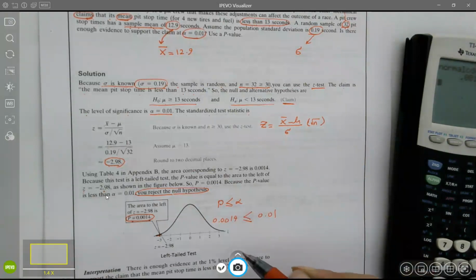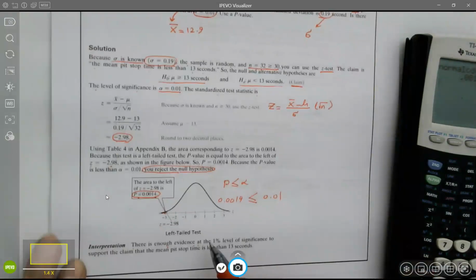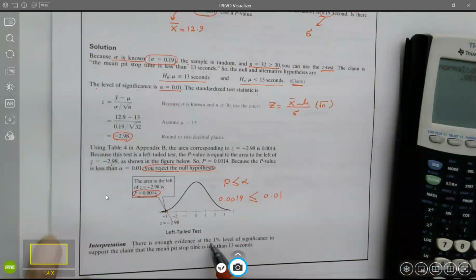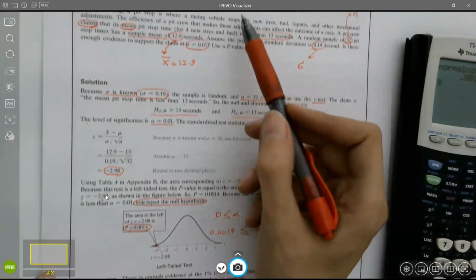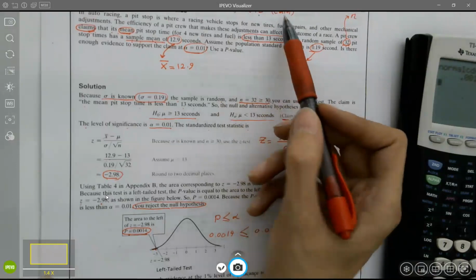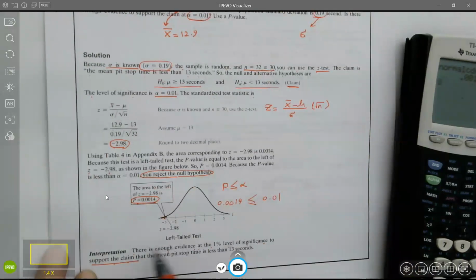It means that there is enough evidence at 1% level of significance to support the claim. What was the claim? The mean pit stop time is less than 13 seconds. So we can support it.